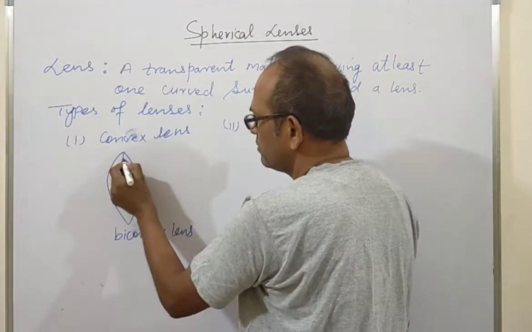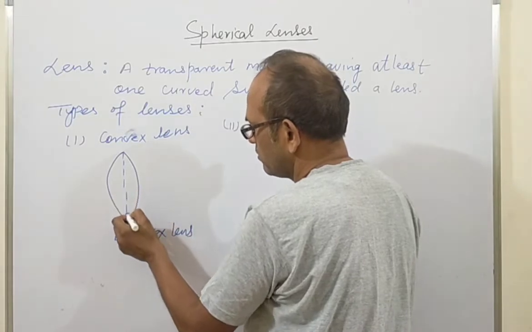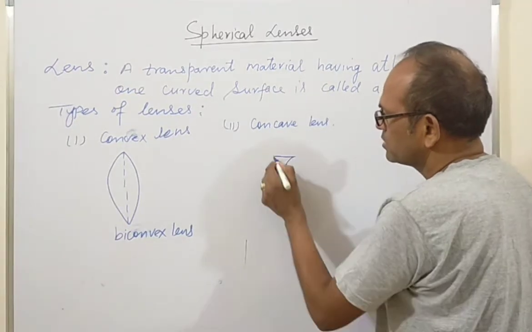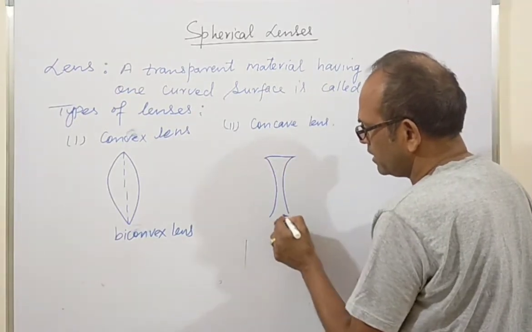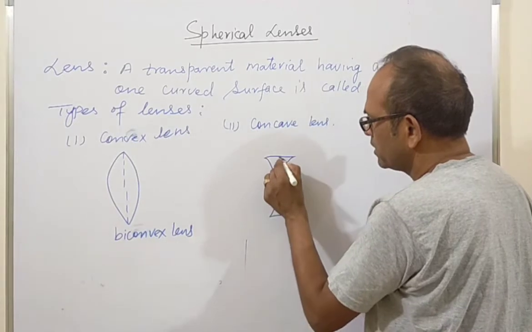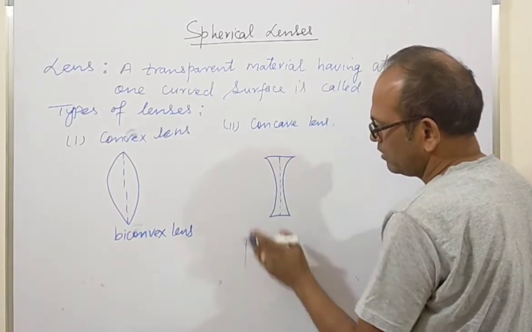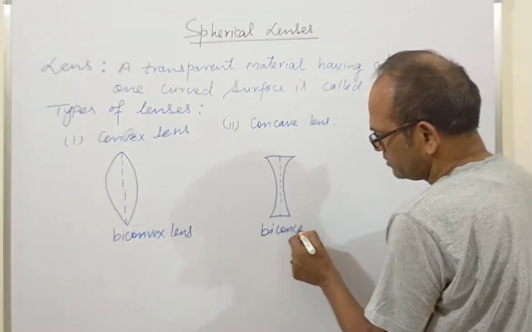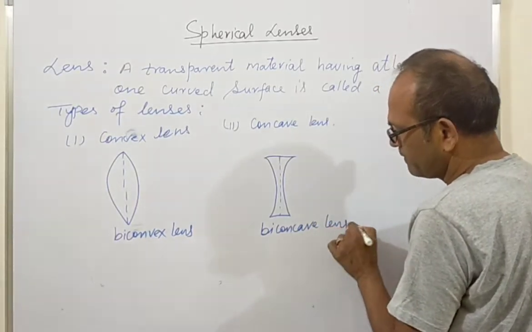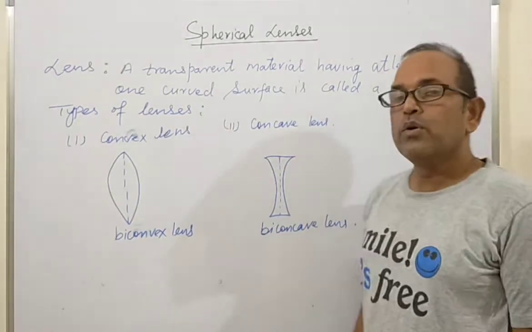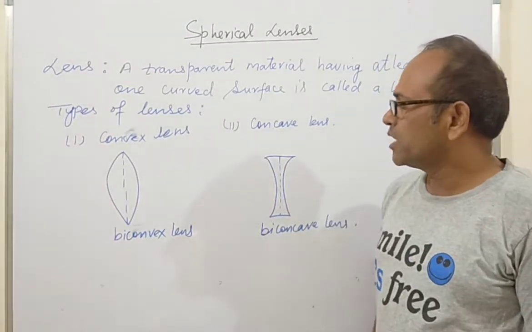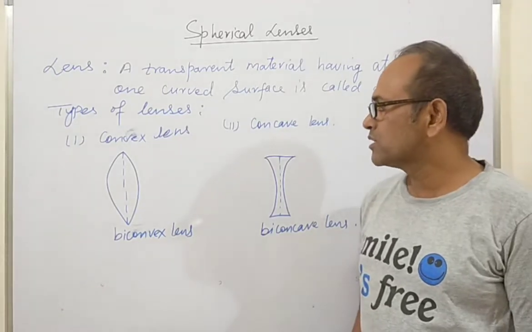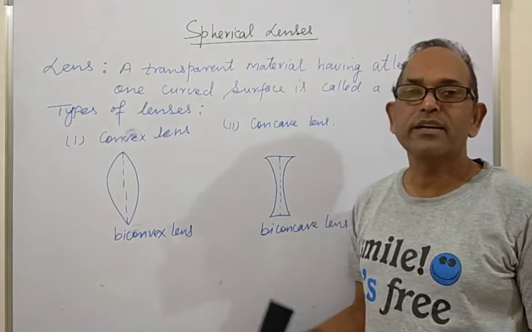Okay. Similarly, if both the surfaces are internally curved, then we call it biconcave lens. Okay.